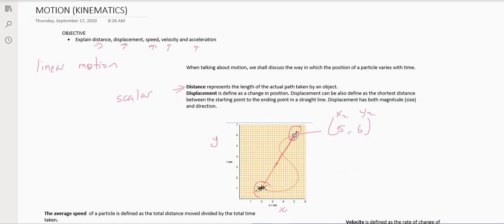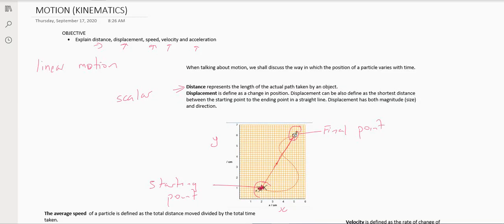Now if we use position 2, 1 as a starting point, so if here is the starting point, and the ant's final point is here, or the finish point, then that distance is what we would refer to as the displacement.